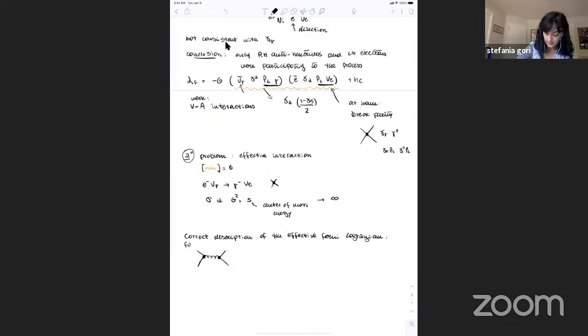So for muon decay, you have a muon coming in, you have your antineutrino, you have another antineutrino here and an electron, and here you're putting your W boson.